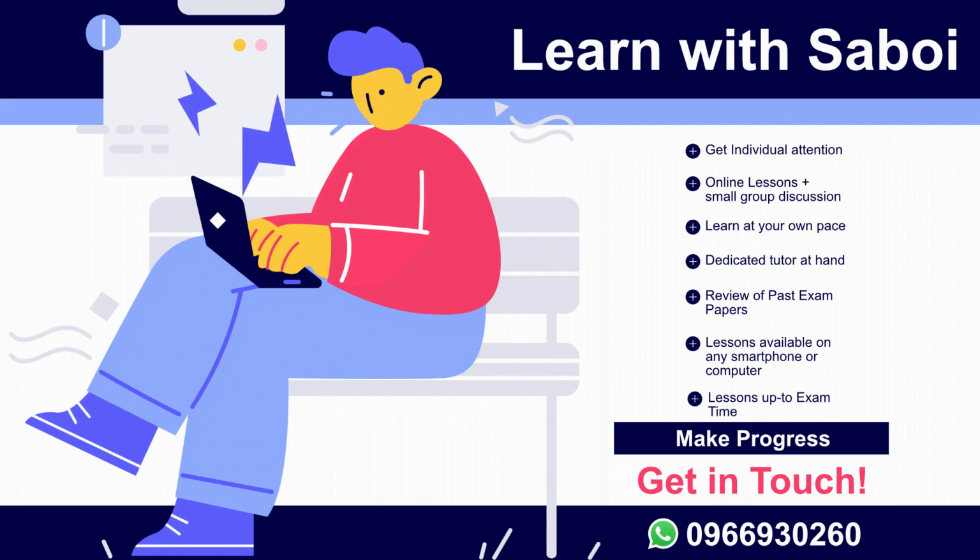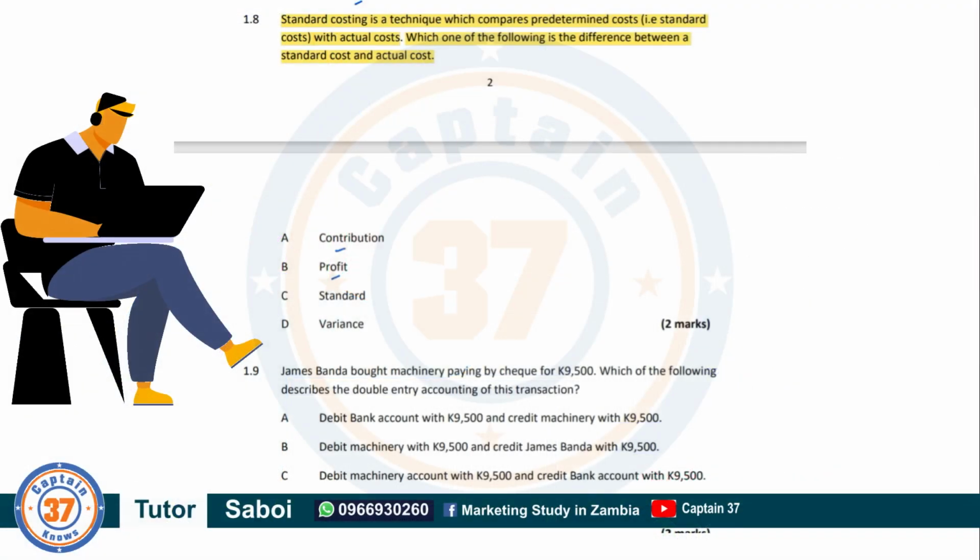B, profit? C, standard? Or D, variance? The answer is D, variance. A variance is the difference between how much you had predetermined to spend and how much you actually got to spend. There is a variance if there's a difference between those two.